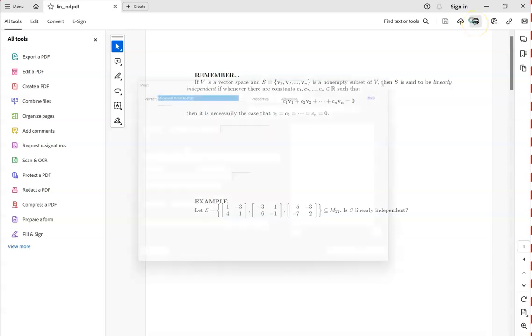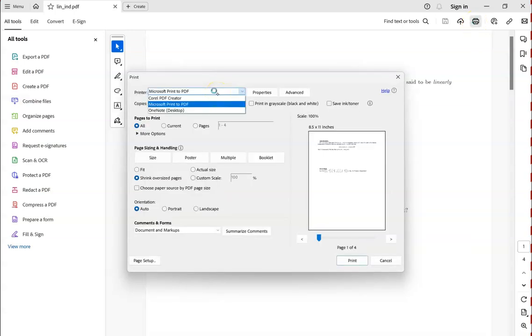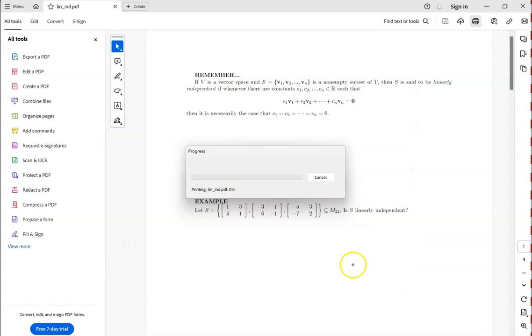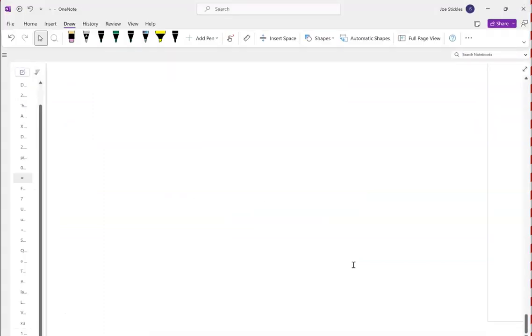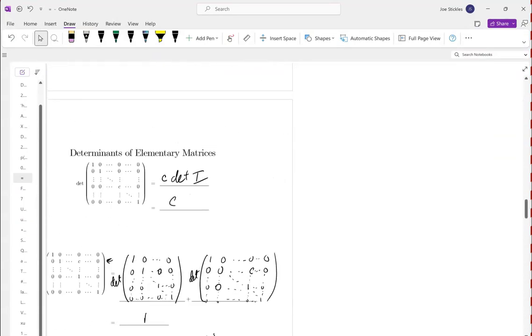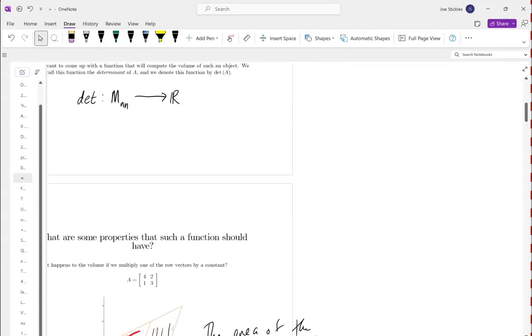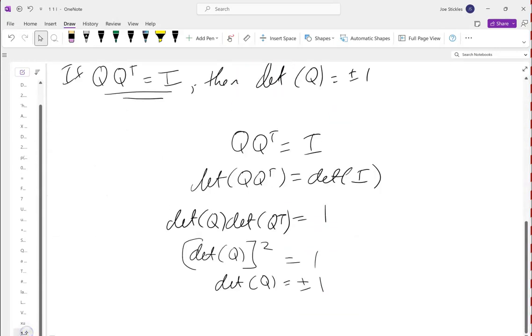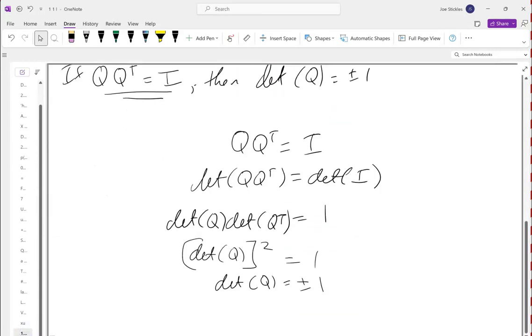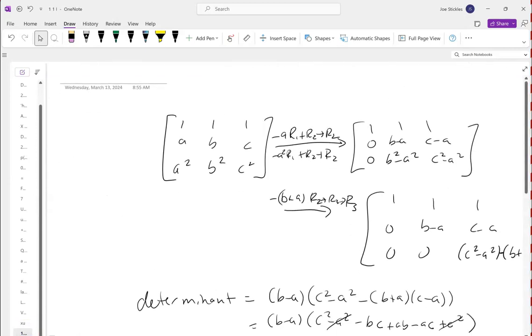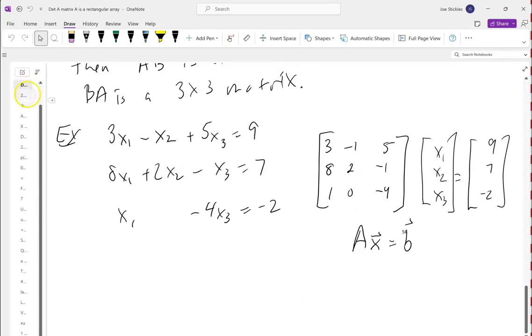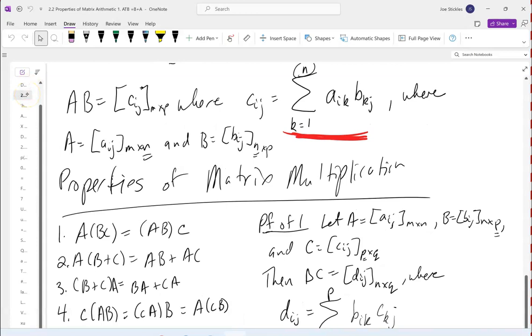Should be able to do this. Perhaps. Did it do it? Well, that was weird. Did it actually do it? It went to OneNote, but I don't see where it... That was weird. Let me try this again.